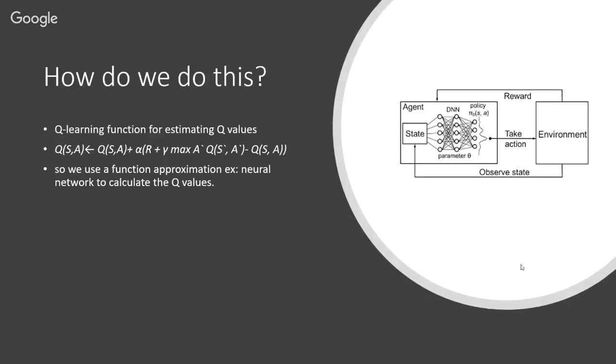So once again, if you look at the representation on the side, that's deep reinforcement learning: a reinforcement learning problem using a neural network or a deep neural network to construct the policy. So, the Q-learning function, see below. Now, what would happen if we used function approximation, e.g. a neural network, to calculate these Q values? That's where deep reinforcement learning comes in.